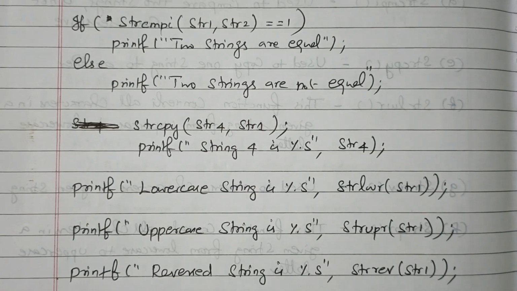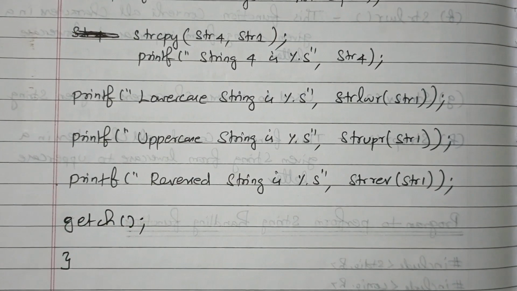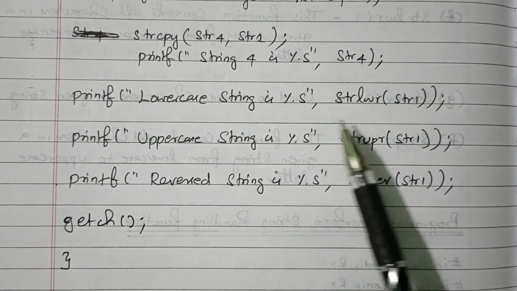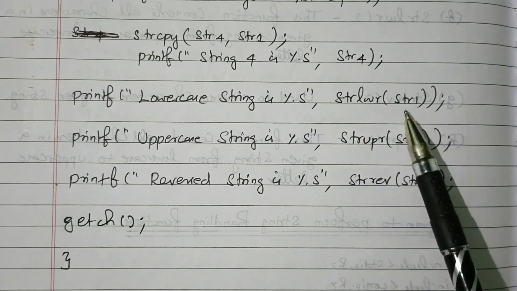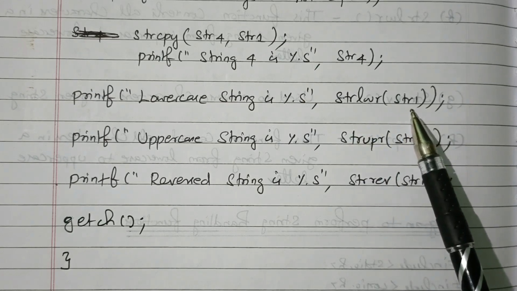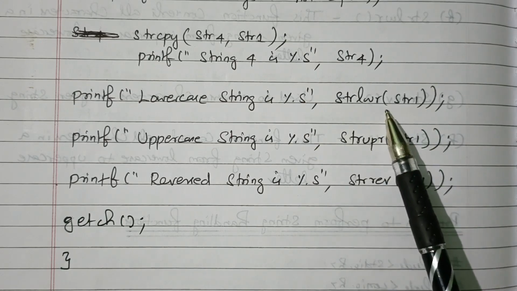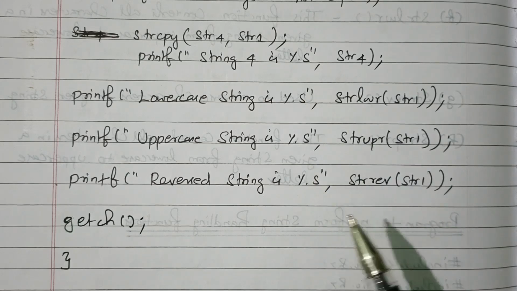Right. Now we'll go to the remaining string handling functions. Lowercase. Print of lowercase string is %s, strlwr, str1. What happened? String 1 is converted into lowercase and printed. Sometimes it may contain uppercase or lowercase, but whatever it may be, the final answer will be lowercase.